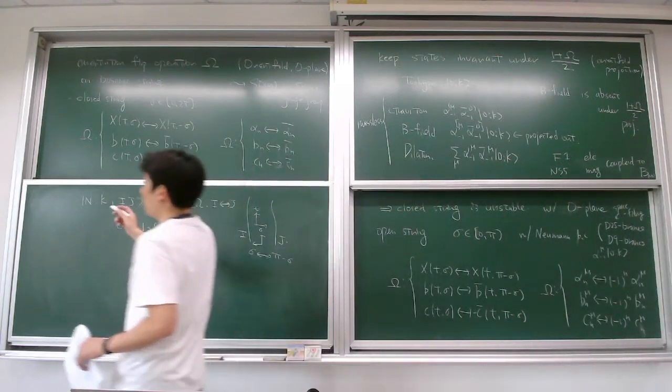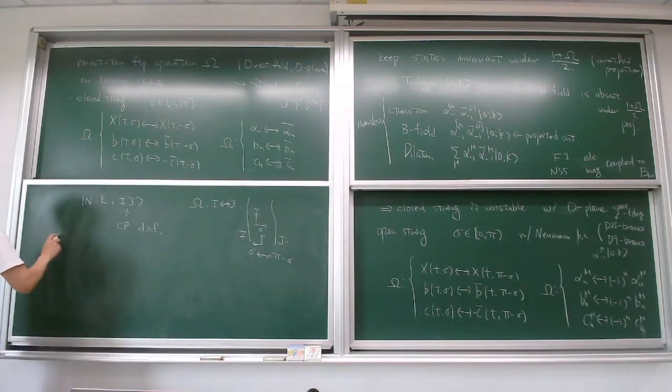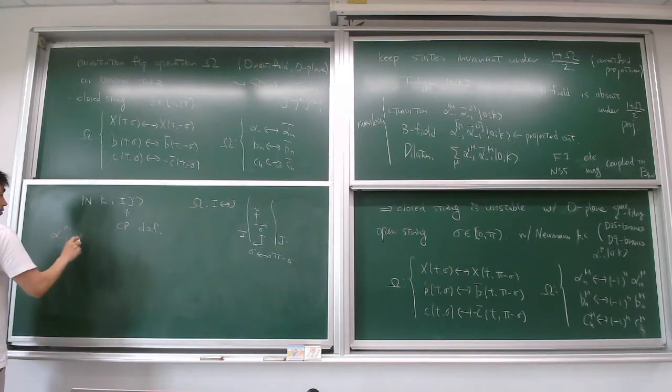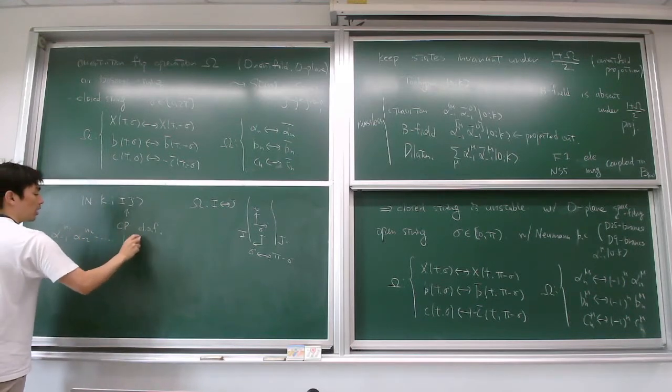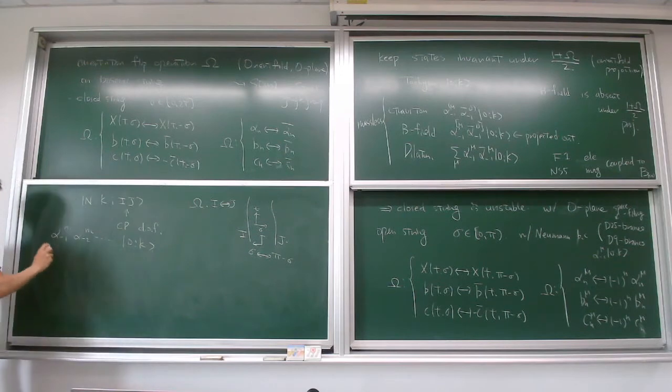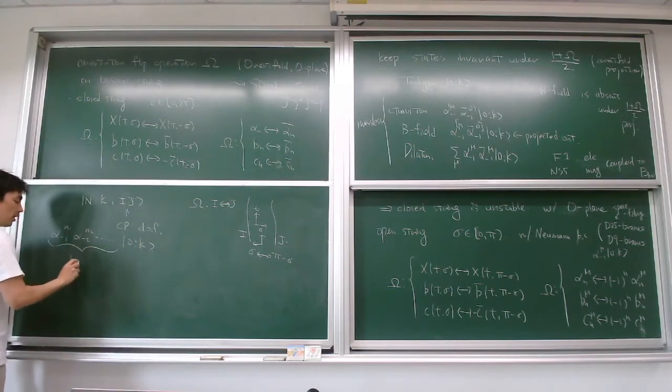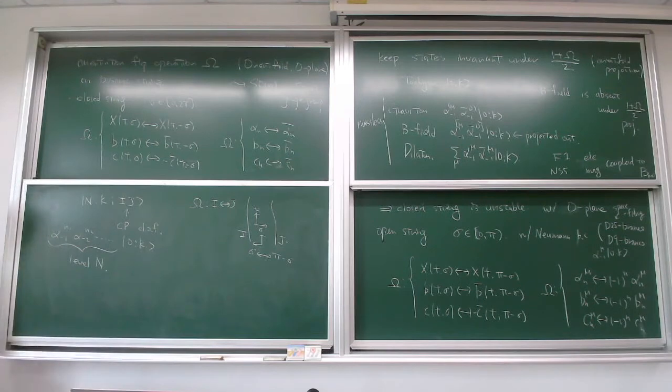Now, of course, the state at level n is given by alpha minus 1, alpha minus 2, and so on, acting on 0, k, and the level is n.